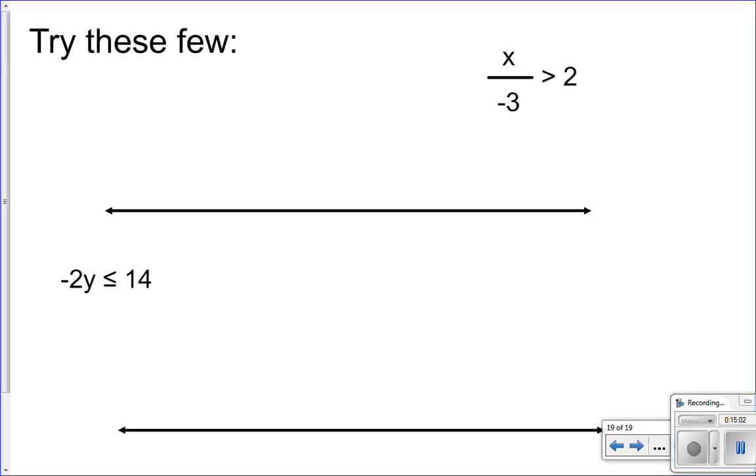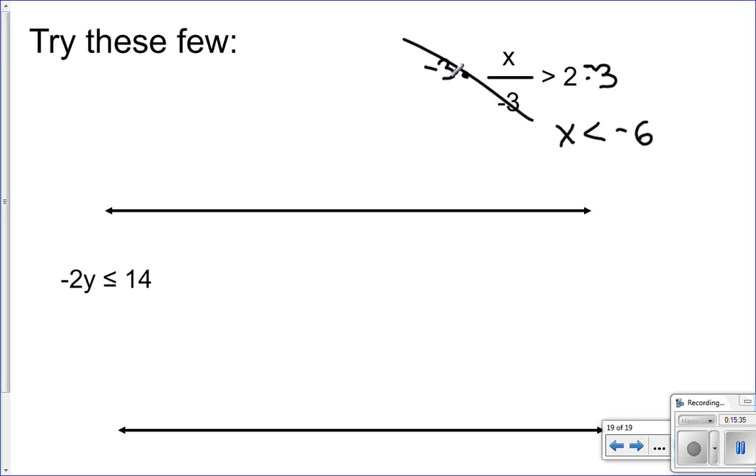Alright, try these few. Remember, when you multiply or divide by a negative, you have to flip the sign. So in this one, I'm multiplying by negative 3 to both sides. And I get x is less than 2 times negative 3, negative 6.